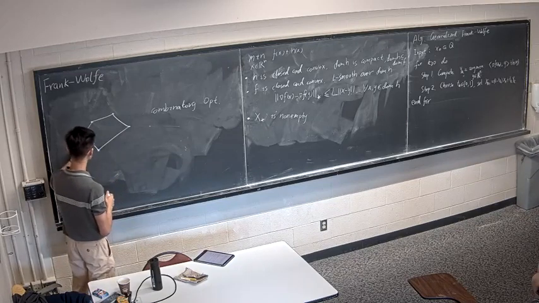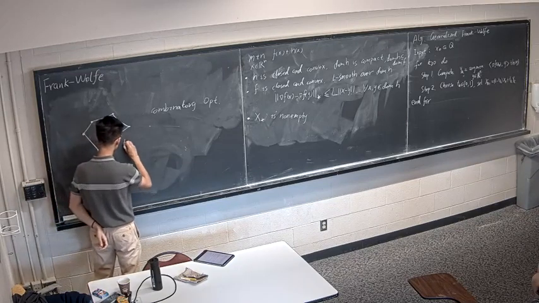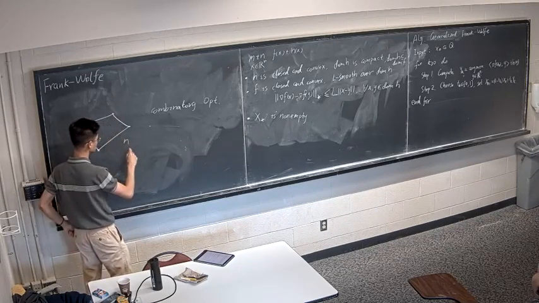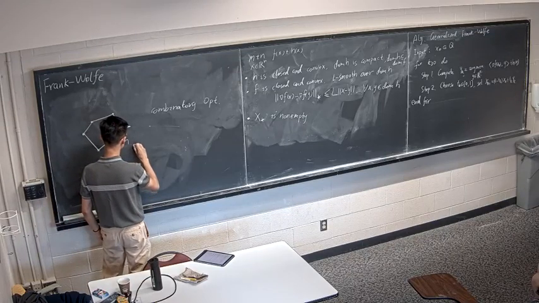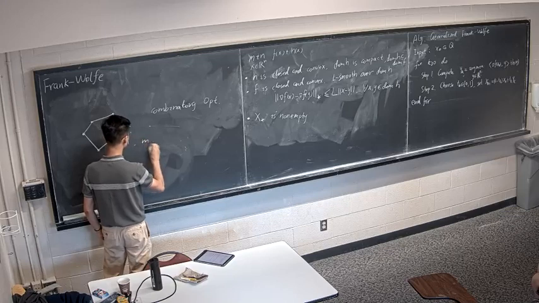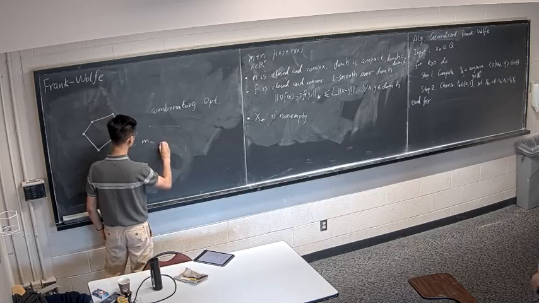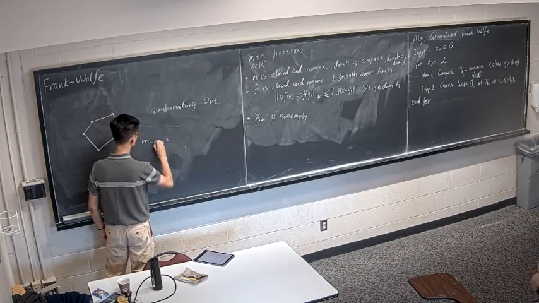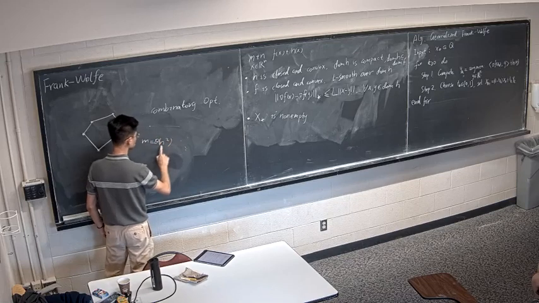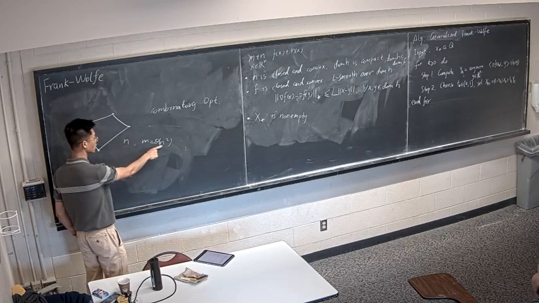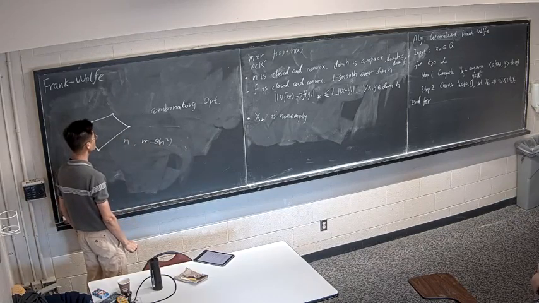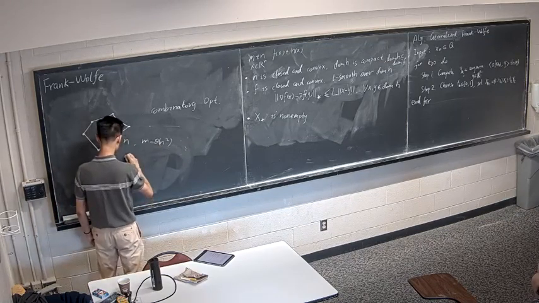But for a graph with n nodes, the number of edges is going to be on the order of n squared. The complete graph has n times n plus 1 over 2 edges, so it's on the order of n squared.